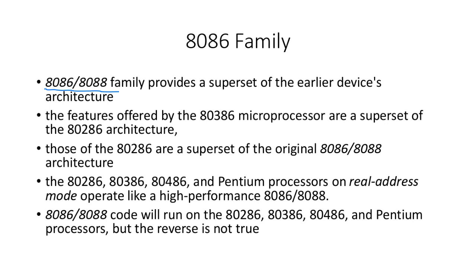Definitely, what was before 8086 has an upgraded version, a superset. The features offered by the 80386 microprocessor are a superset of the 80286 microprocessor. Definitely it's better than 80286 or 8086, and those of 80286 are a superset of 8086, and so on.